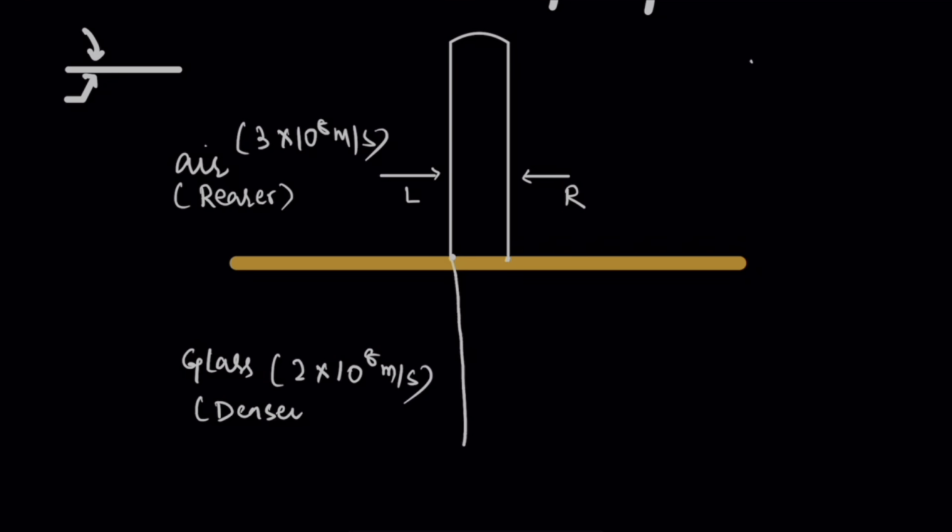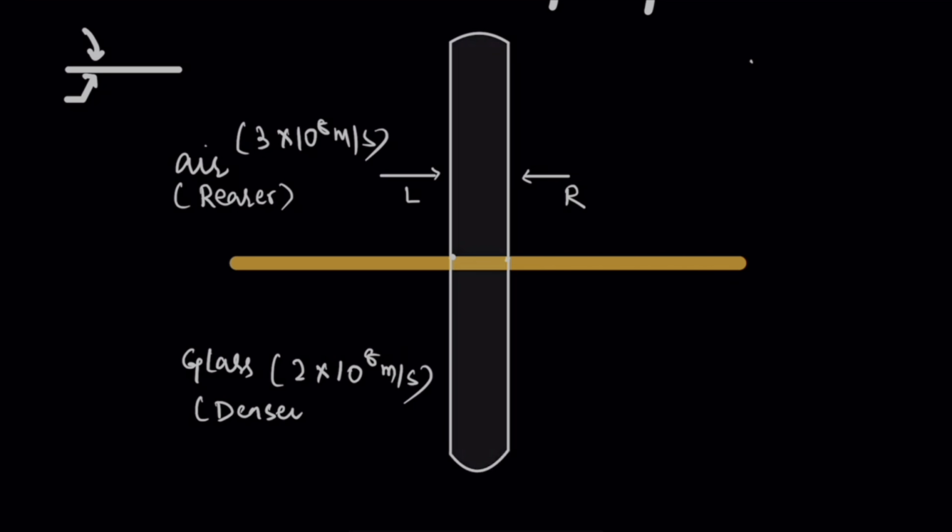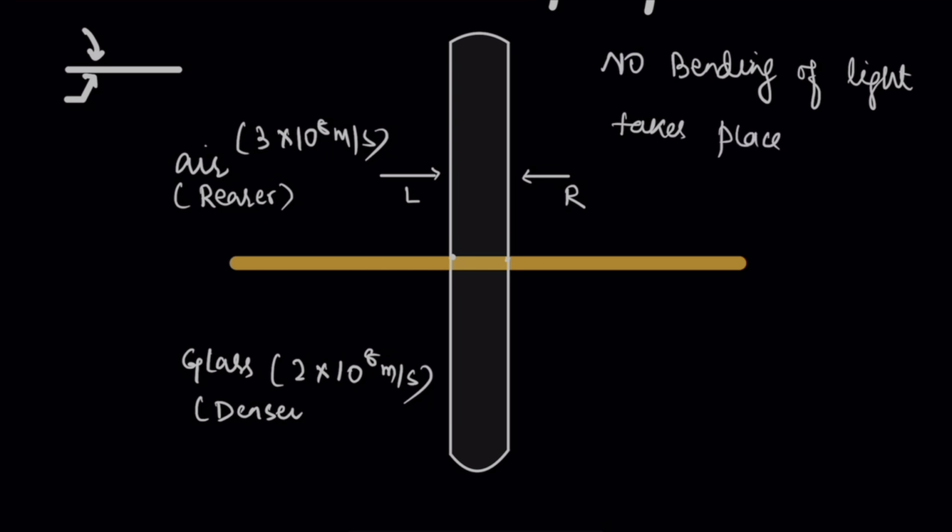Both will move together with the same speed. So in this case, no bending of light takes place. So we can say that when angle i is equal to 0 degree, means angle of incidence is equal to 0 degree, or when the incident ray is perpendicular to the surface, then no bending of light takes place.